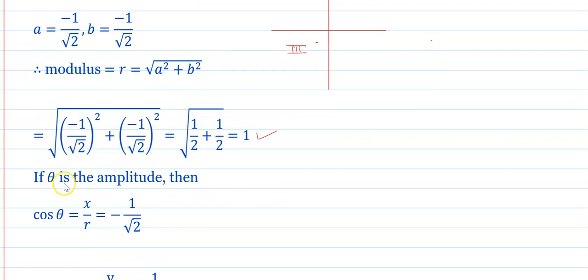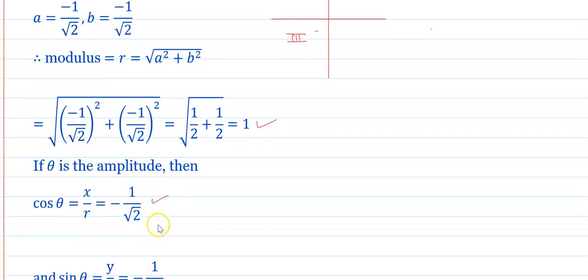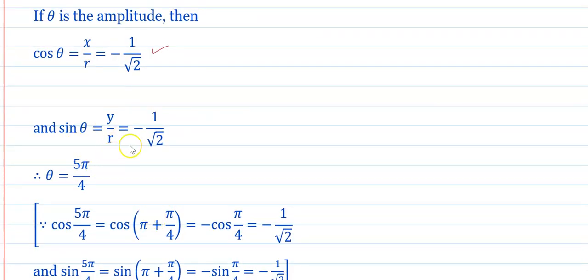Okay. If theta is the amplitude, then cos theta is equal to x upon r, that is minus 1 by root 2. What about sin theta? y upon r, it's again minus 1 by root 2. And then how to find this angle? As it is in the third quadrant, we can write here cos of 5 pi by 4 is equal to cos of pi plus pi by 4, and that is equal to minus cos of pi by 4, which is equal to minus 1 by root 2.